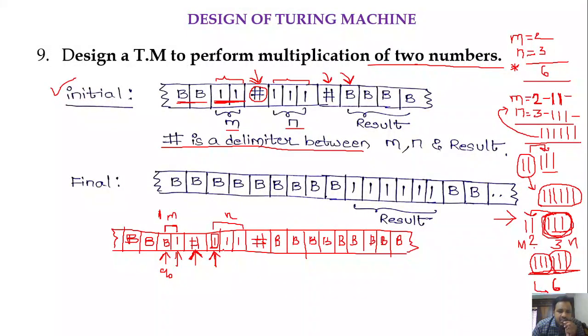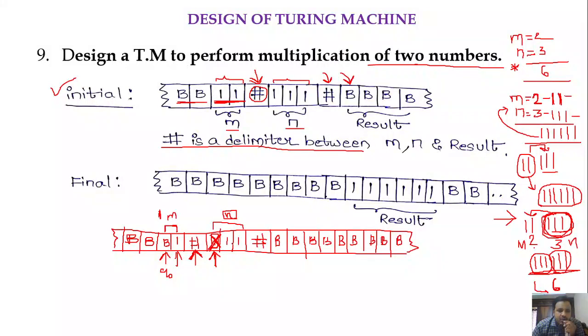When we reach the first cell that belongs to the input n, we convert that 1 into x, replacing that 1 with x and moving the head towards right. Converting this 1 in n into x indicates that we have copied that 1 into the result portion.